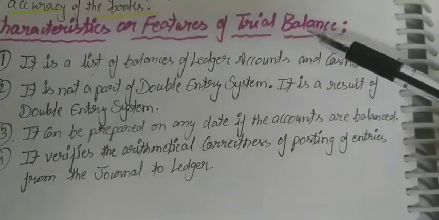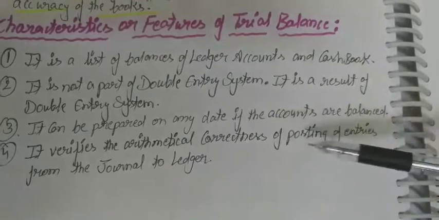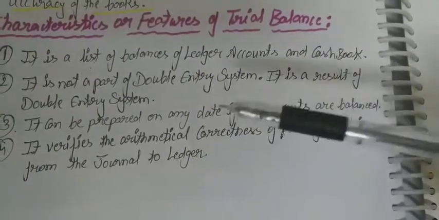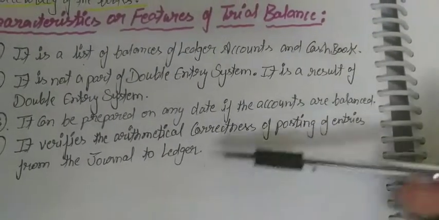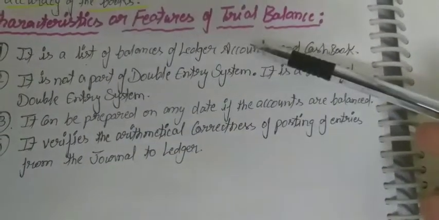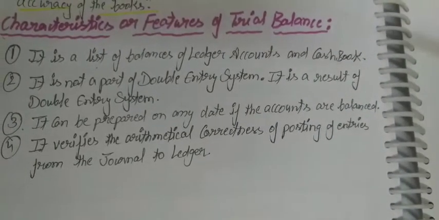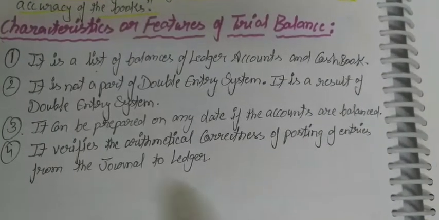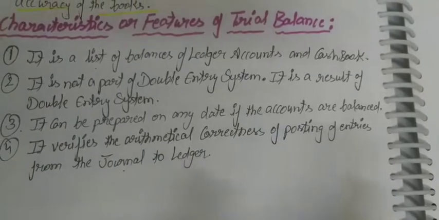This trial balance can confirm the journal entries we prepare, and whether their posting to the ledger is correct. How? If the balance of debit and credit is equal, then we can say it is verified. So the entries we recorded in the journal are correctly posted in the ledger.